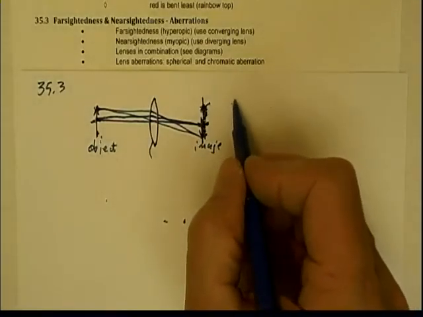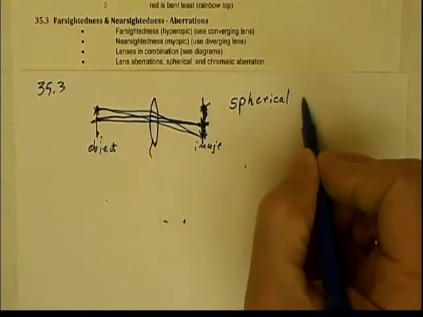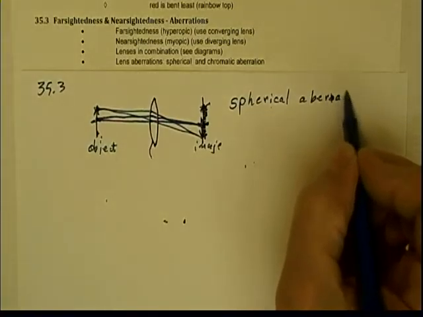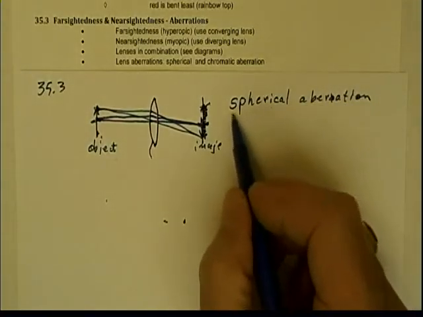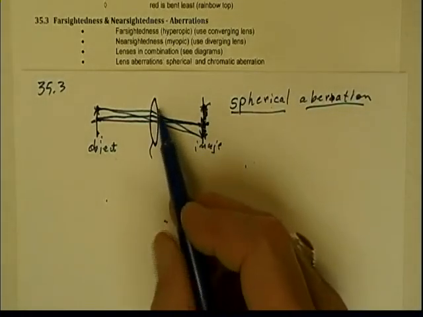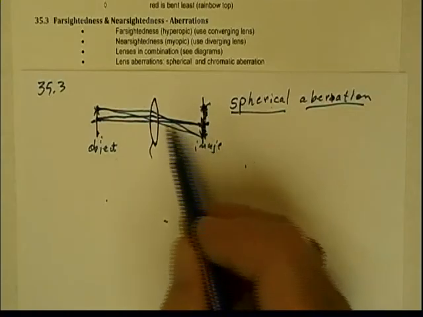This is called spherical aberration. Spherical aberration refers to the fact that the aberration or abnormality in the focusing of the light is due to the spherical surfaces.